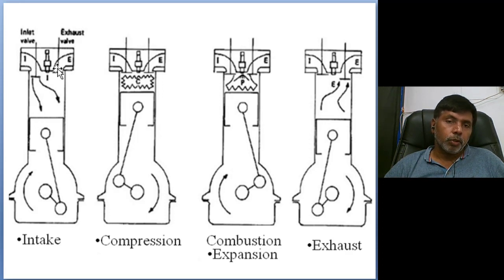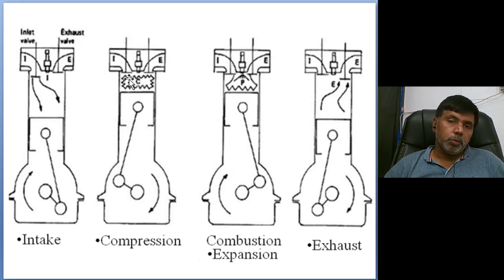So the stroke volume is pi by 4 D square into L, where D is the diameter of the piston or bore. Next, once the piston has reached TDC, the gap between piston crown and cylinder head is called clearance volume.